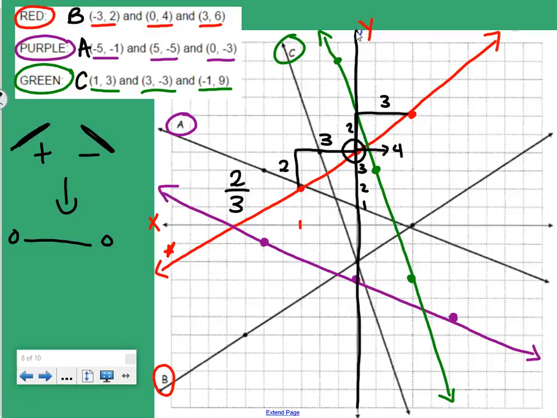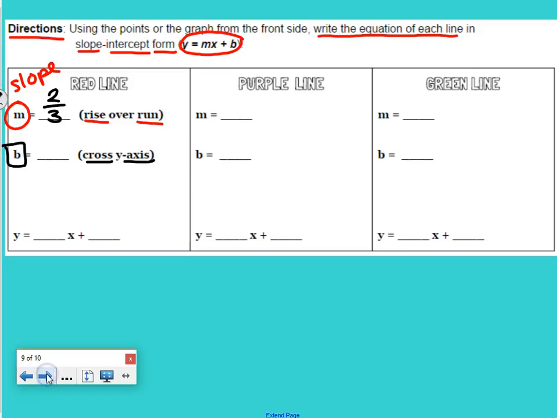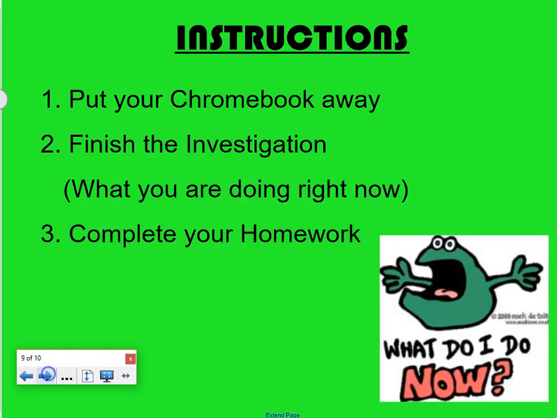So we cross our y-axis at 4. So we write out our equation, y equals mx plus b. Our m, 2/3, plus b, which is 4. All right, the purple line and green line are for you to do along with the rest of the sheet.